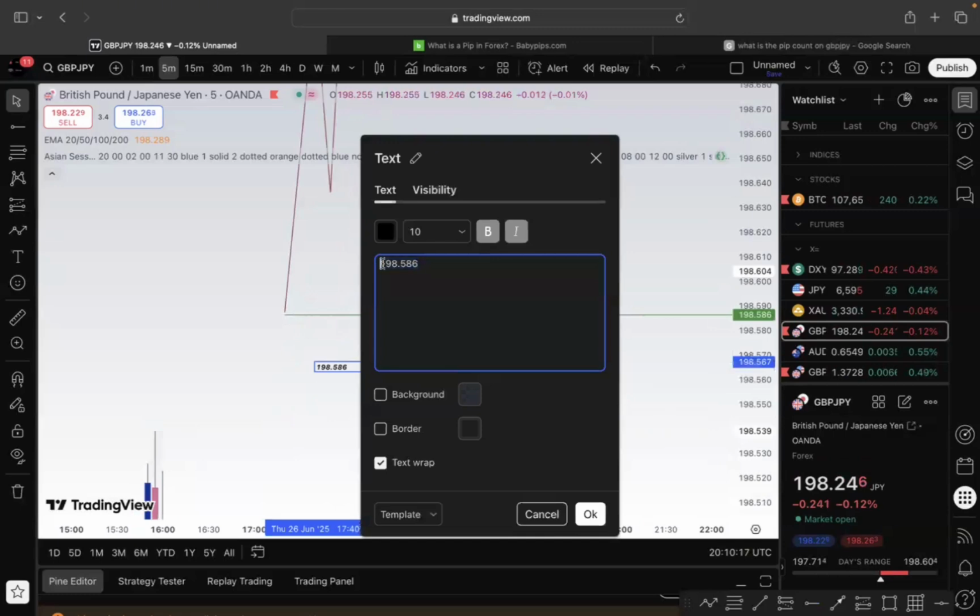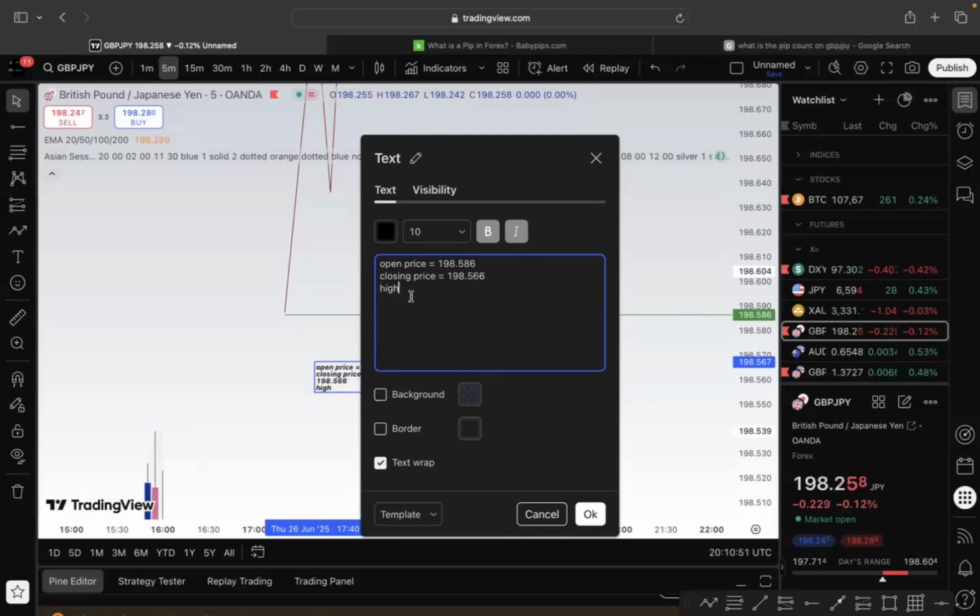Let me say this is the open price, and let's say the closing price is 198.566. And then the high, the highest point, let's say it's a candlestick.